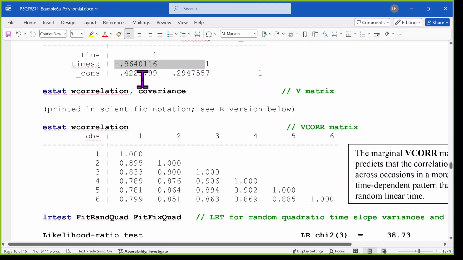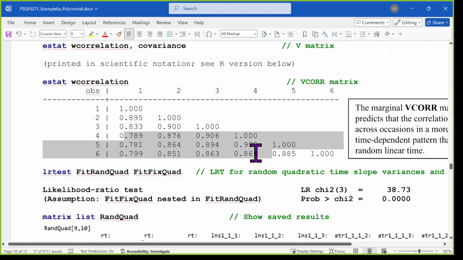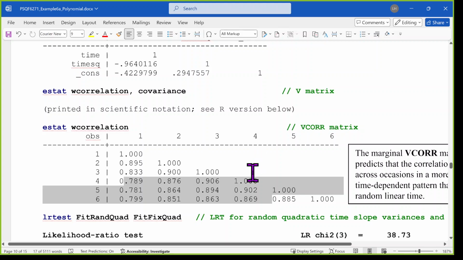But it's at least enough to where it didn't go into negative, non-positive definite, excuse me. I have the V matrix from R below because it printed in scientific notation, so it's not very useful to us. And then here is the model implied V matrix instead. So the pattern of correlation that this model predicts over time is heterogeneous, and it depends on exactly which 2 occasions they are in terms of what that correlation is predicted to be.